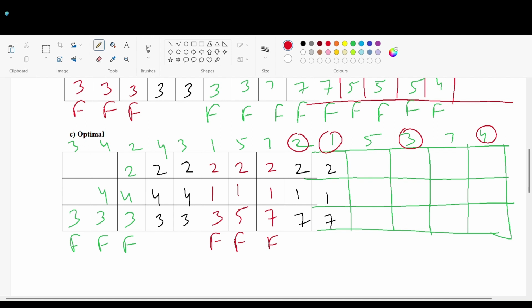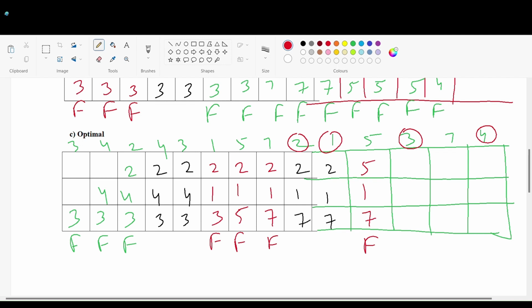So which page should be replaced now? Only 7 is there, but 2 and 1 are not available. So you can choose 2 or 1, right? So you can replace 2 by 5. So 5, 1 and 7, right? So this is a page fault.